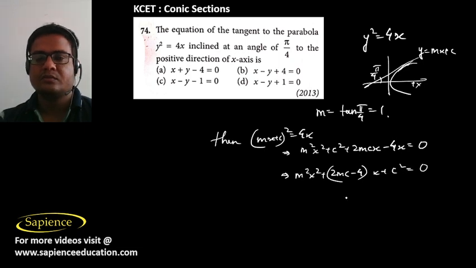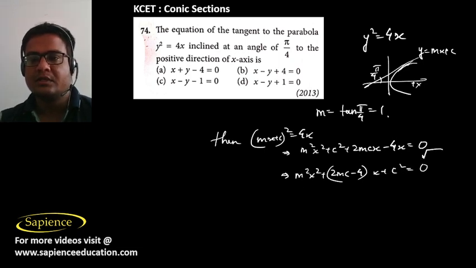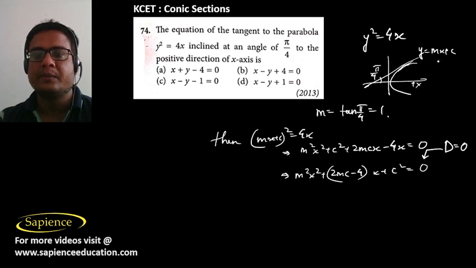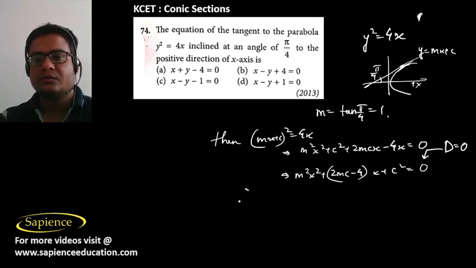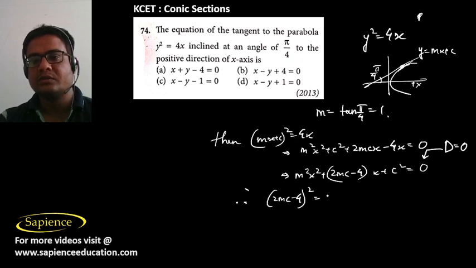So in this quadratic equation the discriminant should be equal to 0, since the tangent will touch the parabola at only one single point. So b square equal to 4ac, that is (2mc minus 4) whole square equal to 4 into m square into c square.